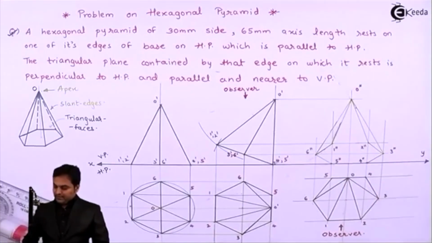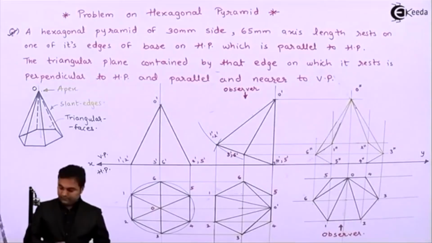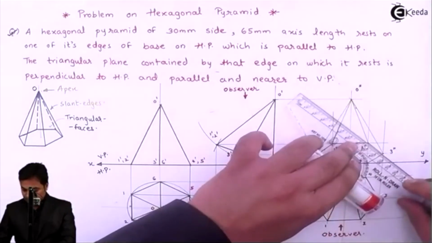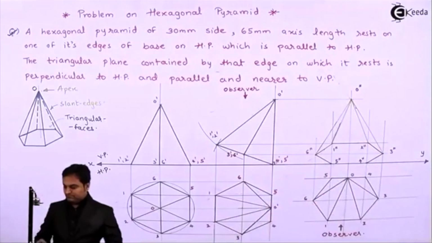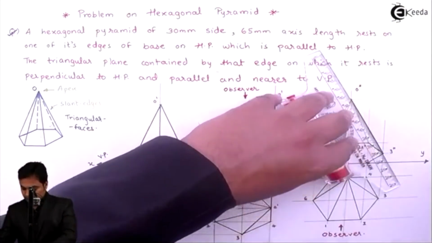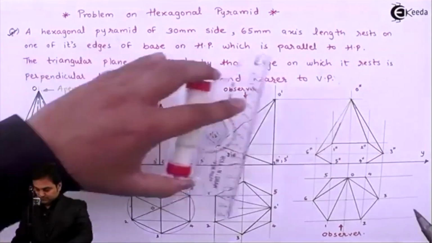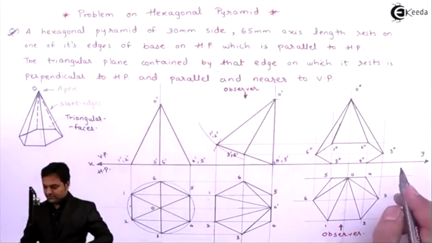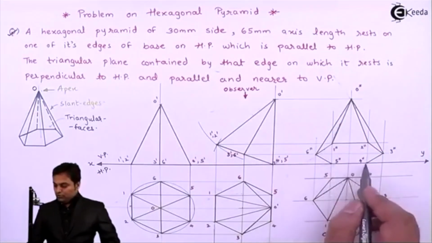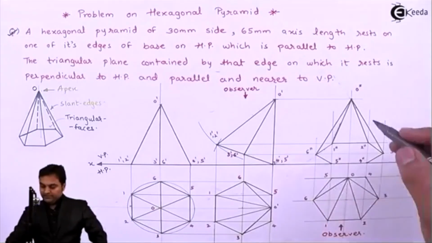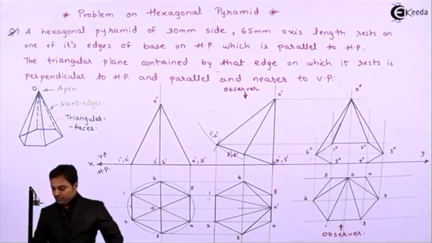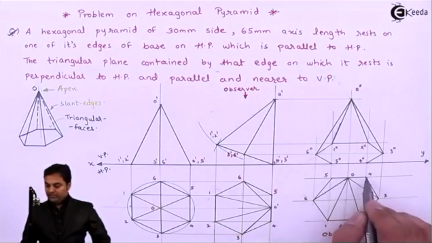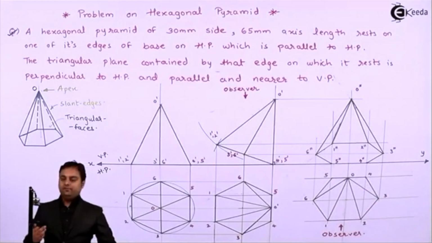So here I'll make it dark. Next, these 2 points, that is 4 double dash 5 double dash, will be connected to the apex with the help of hidden line, because the edge is far away from the observer, so not visible, and O45 shows the triangular face. That triangular face will be hidden.